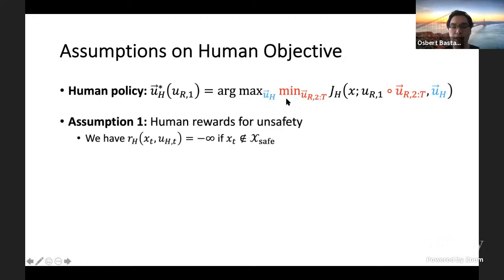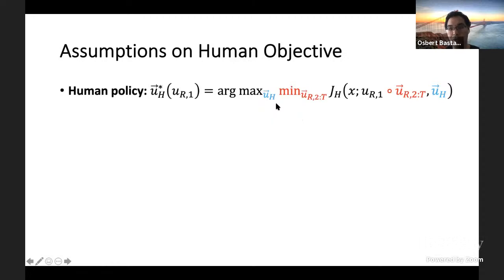The key challenge is that there are three parts in this that we don't know. First, we don't know what actions the human considers. That's the part shown in blue. Second, we don't know the conservative set of robot actions that the human is taking into account. That's the minimization shown in red. And finally, we also don't know the human reward function. That's implicit in the value function J_H.